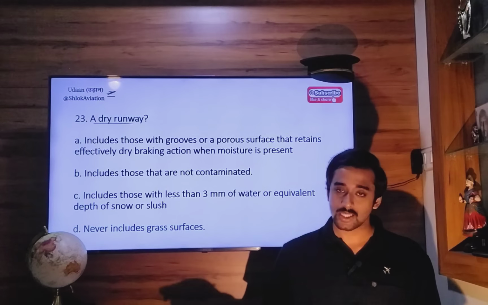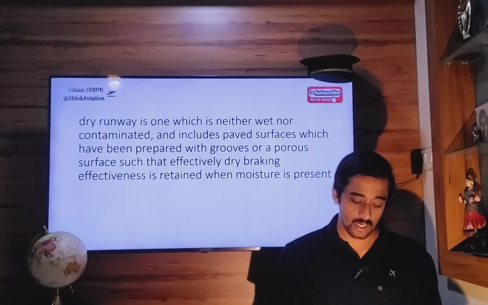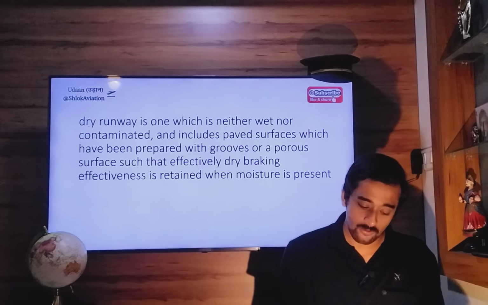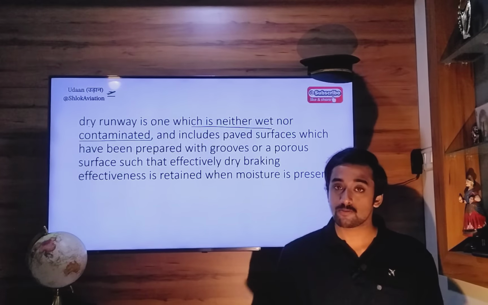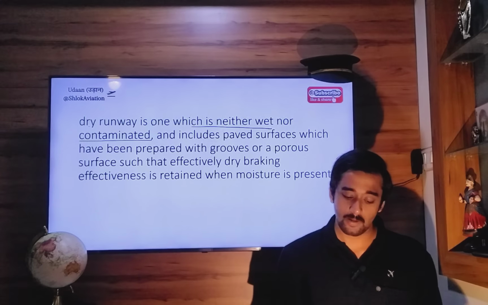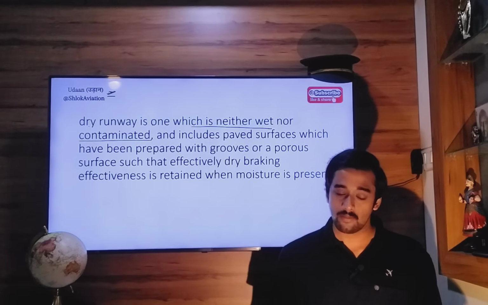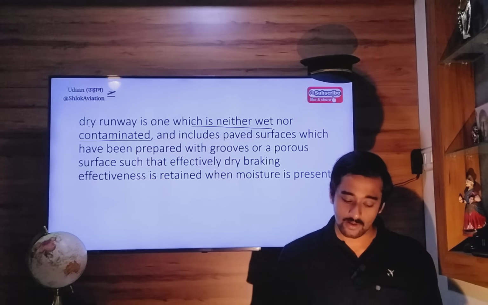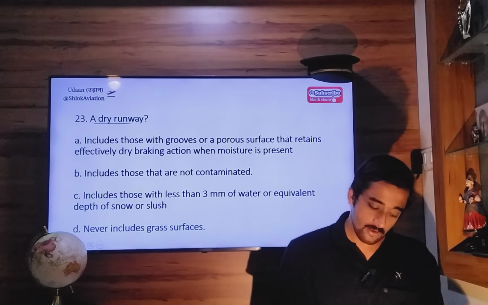Never includes grass surfaces. So, a dry runway is one which is neither wet nor contaminated. Very important first point, neither wet nor contaminated. It includes paved surfaces which have been prepared with grooves or a porous surface such that effectively dry braking action effectiveness is retained when moisture is present. So option A will be the right answer.